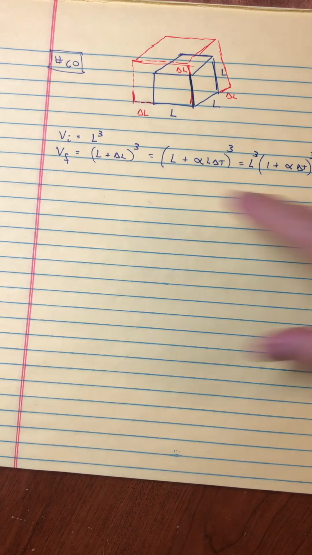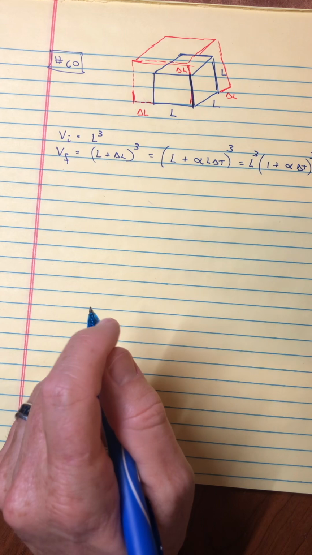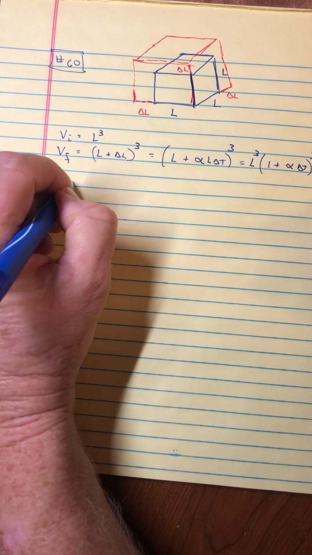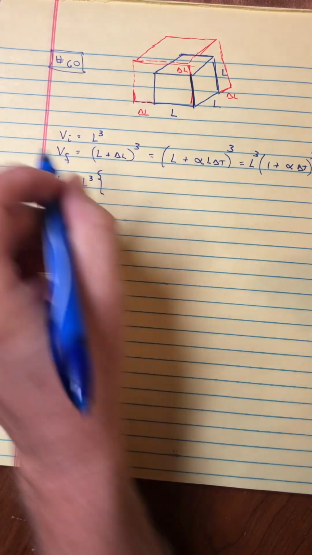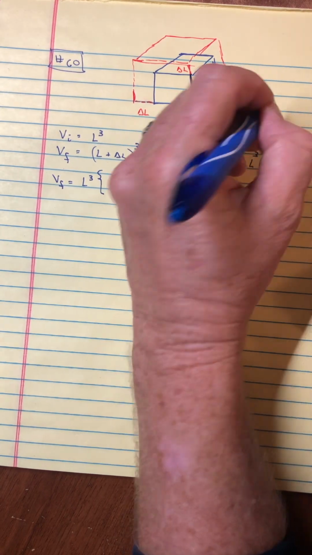And so I'll factor out an L and, of course, cube it. Okay, so this, well, let me do a little more math. It could look something like this. It's L cubed. And this looks like an A plus B cubed.